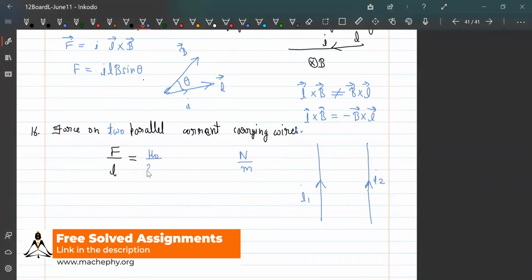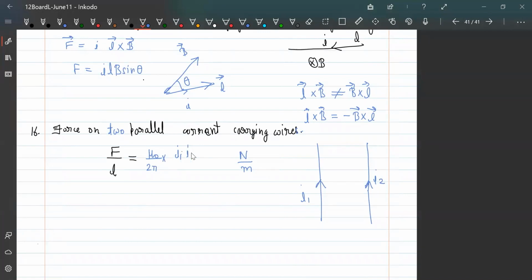So this is mu naught by 2 pi, I1 I2 by R. इसका डेरिवेशन हमने किया हुआ है नोटबुक में, जस्ट गो थ्रू इट, कोई डाउट है तो क्लियर कर लेते हैं. So this is the force between two parallel current carrying wires.